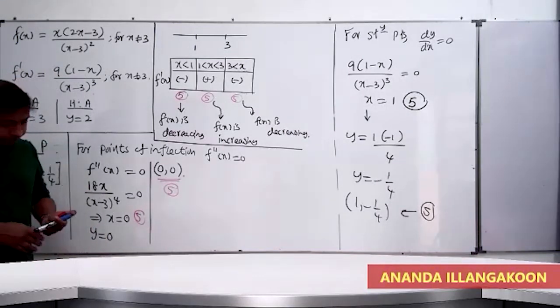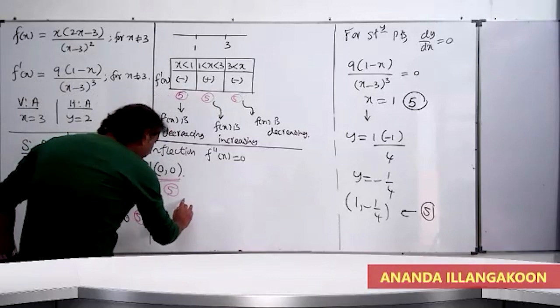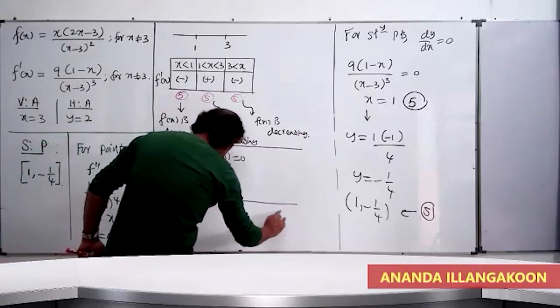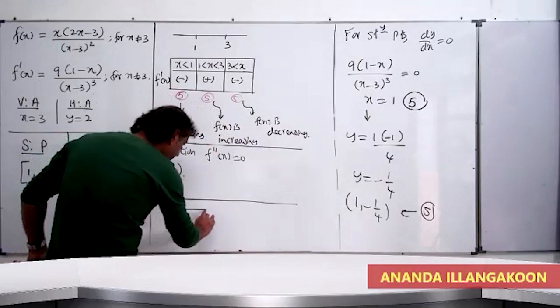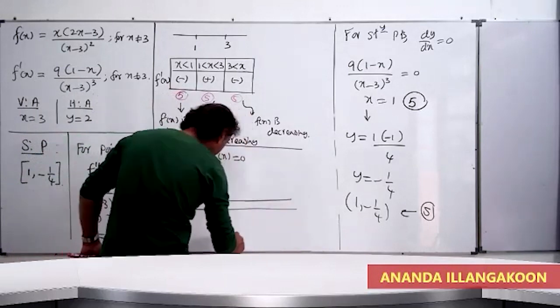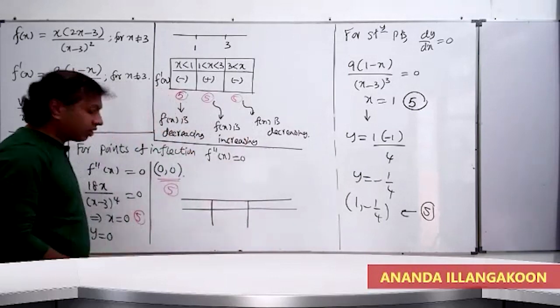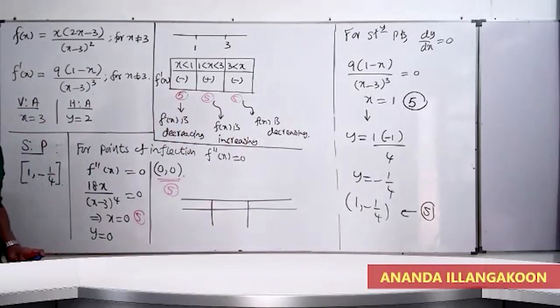Next one is the table, the second derivative table. In this table, we put the values of the vertical asymptote x value and the x value at the point of inflection.